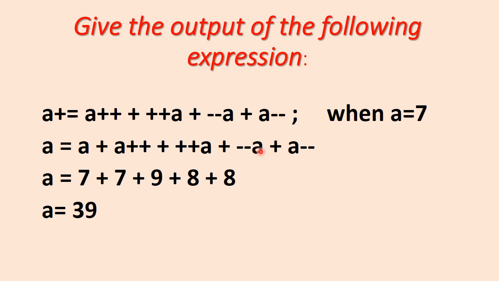Okay. Now we will try to find out its final value. First of all, A. What is the original value of A? 7. Okay. Then the plus sign as it is. Now A++. This is an increment operator, but this is postfix. So for the postfix operator, first it will use its original value.